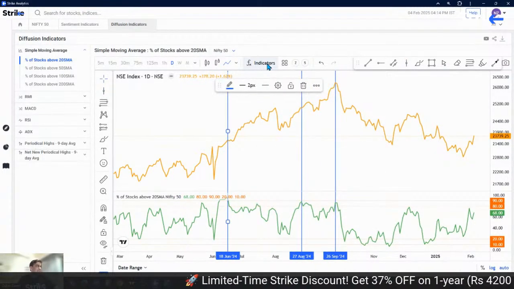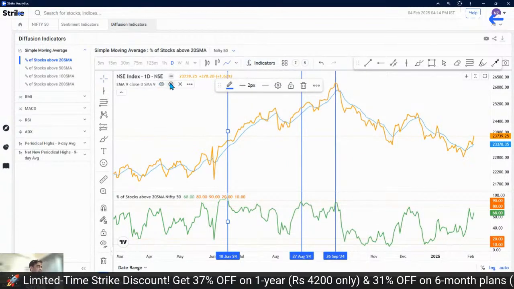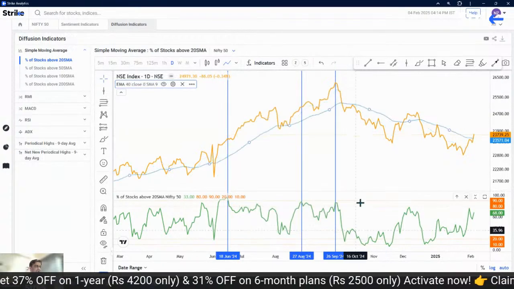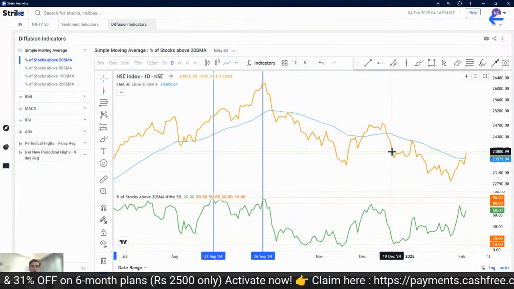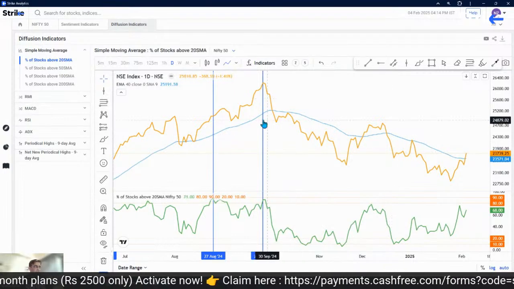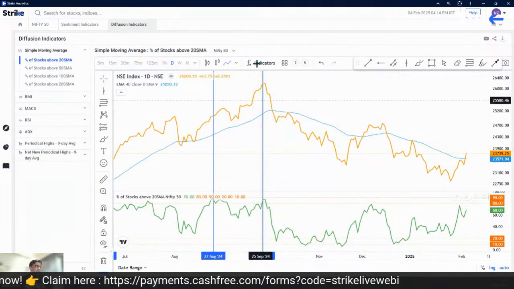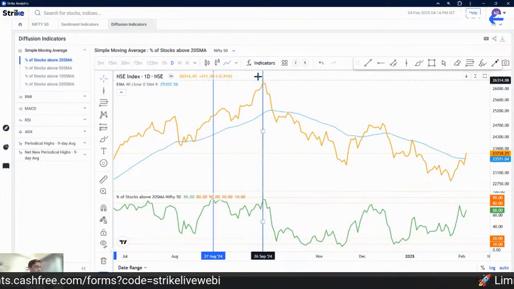Once again, you can put this with respect to the 40 EMA, and see whether Nifty is above or below the 40 EMA. If it is above the 40 EMA and this goes to overbought levels, you can avoid buying over here.